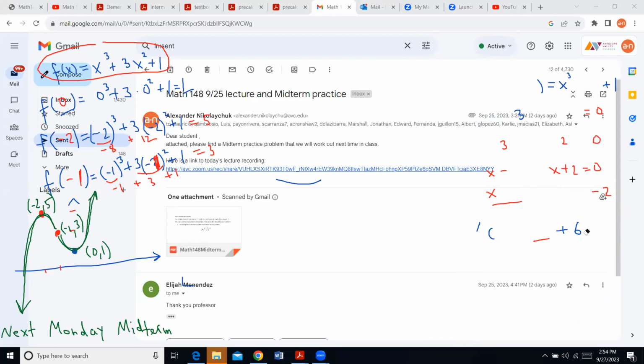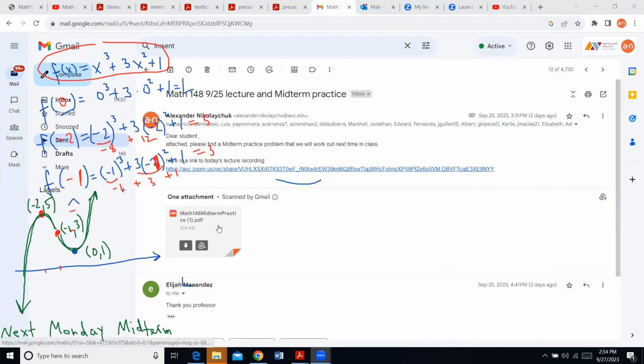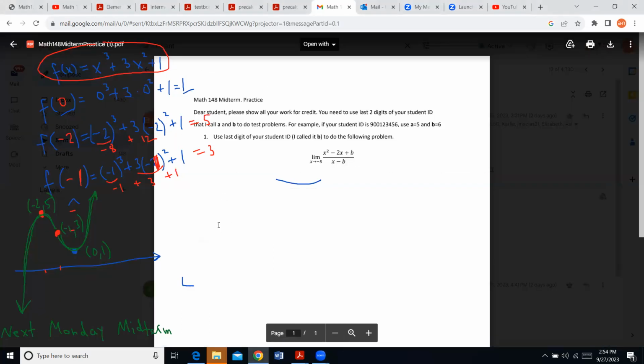I'd like to do this exercise for you and show you some specifics that I added to the midterm in order not to have every student in class with exactly the same answer.